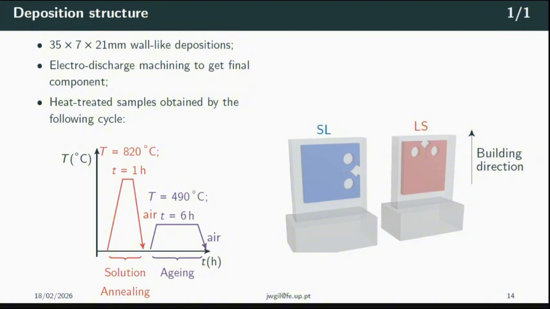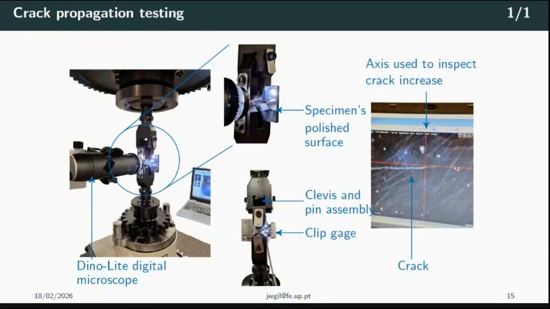Again, I emphasize these two types of specimens. For the LS specimens, the crack will have to propagate parallel to the building direction. For SL, it's perpendicular. And this was the heat treatment subjected to the specimens that were eventually heat treated.